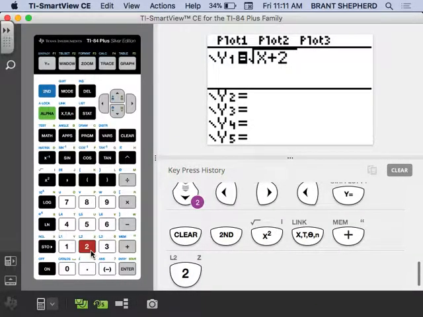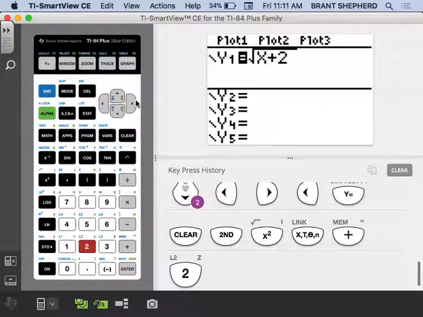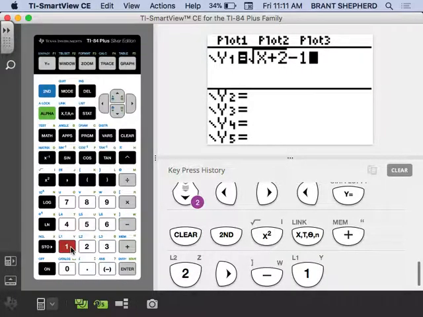Now, if I hit minus 1 right now, it's going to put minus 1 underneath the radical. And as we can see in our function, minus 1 is not underneath the radical right here. So I've got to make sure and press this right arrow to make sure that I'm not underneath the radical anymore. And then I'm going to do minus 1.